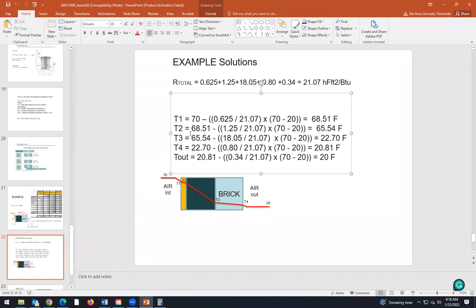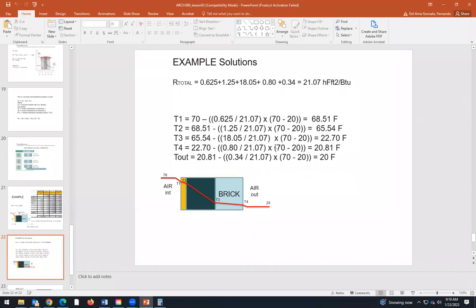T3 at this point is the previous temperature, 65.5, minus the thermal resistance of this layer, divided by the total thermal resistance, times 70 minus 20, indoor minus outdoor temperature. T4, previous temperature, 22.7, minus the thermal resistance of this layer, divided by the total thermal resistance, times 70 minus 20.